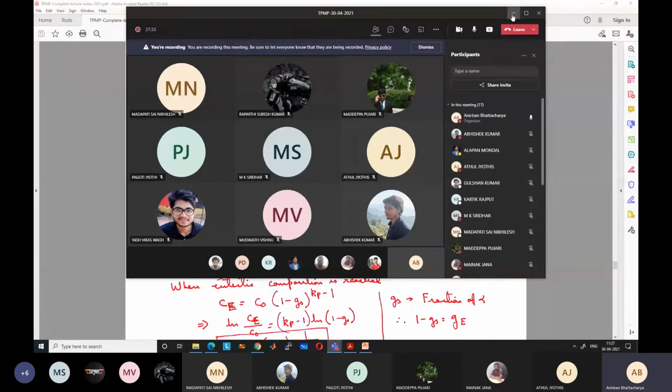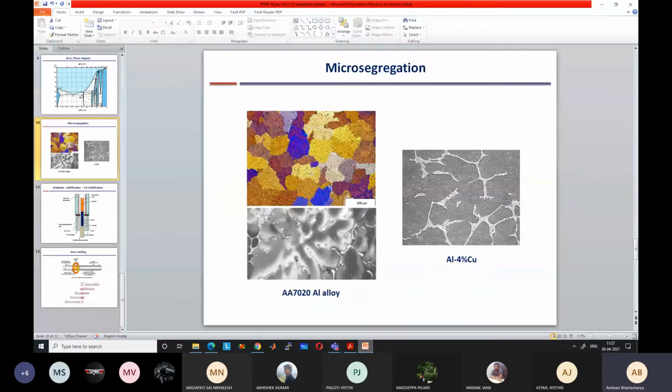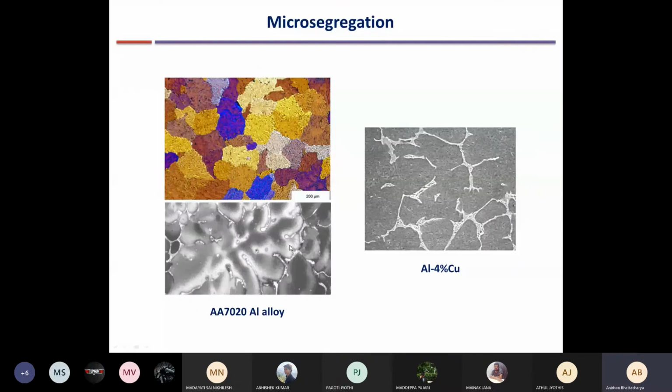In real life also, what is seen is that when the initial solid or initial grain forms, it has a low concentration, these dark regions. Then as you go towards the grain boundary, you can see that gradually the color is changing towards gray, meaning the concentration is increasing. And at the grain boundaries, where the final solidification occurs, the concentration is very high. So this is similar to what we saw in our calculation yesterday, that the initial solid forms with a very small concentration.